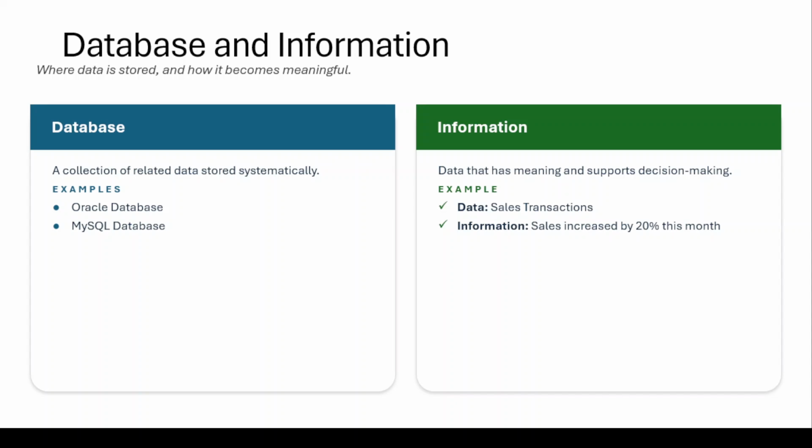That means, as we discussed, until and unless the data is processed, it is not information, it is raw data. Sales transactions are data, and information is that sales increased by 20% this month. If I want to know the percentage by which sales increased this month, that becomes information.